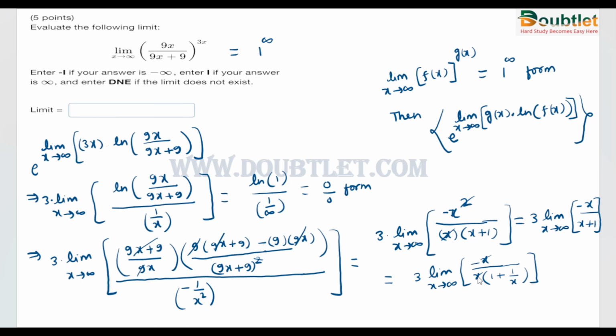So we can cancel x by x, so it will be 1 plus 1 upon infinite, so it will be 0. So 1 upon 1 will be 1. So the limit value will be 1, and with 3 the limit value will be minus 3. So the final answer would be e to the power minus 3, because we have to use e here. So this is the final answer.